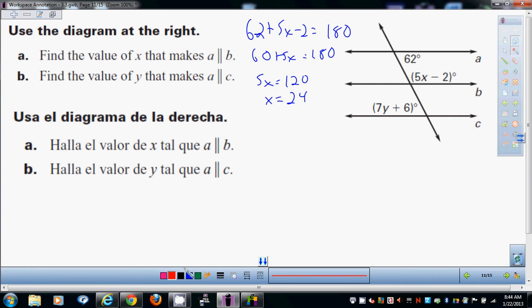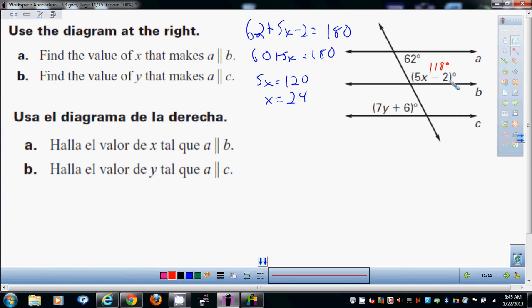And for x, then what do we do? Well, let's go ahead and do that. 5 times 124 is 120 minus 2 is 118. What do we do with that? How can we solve for y?